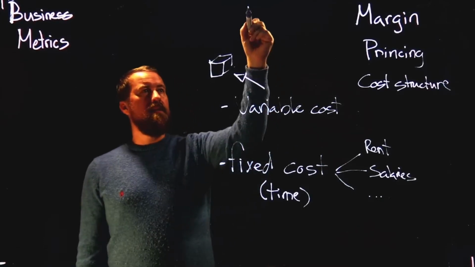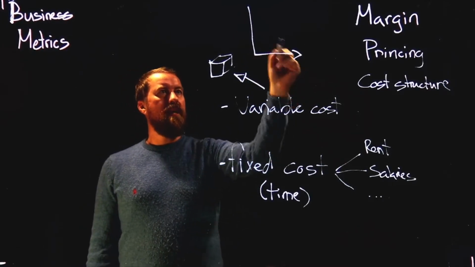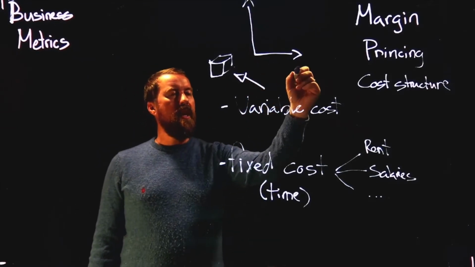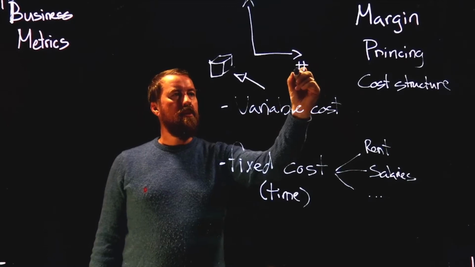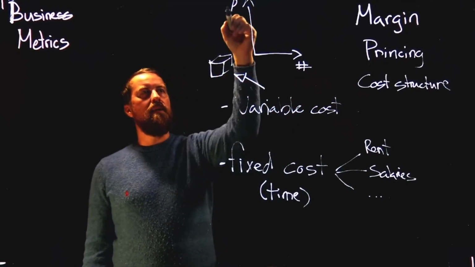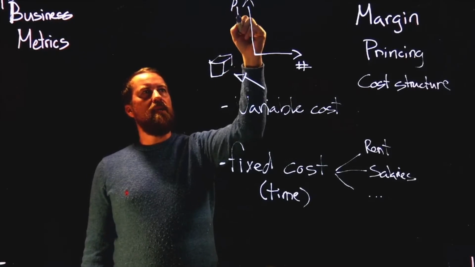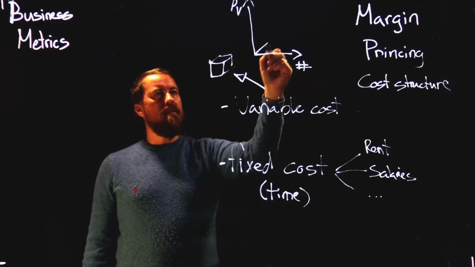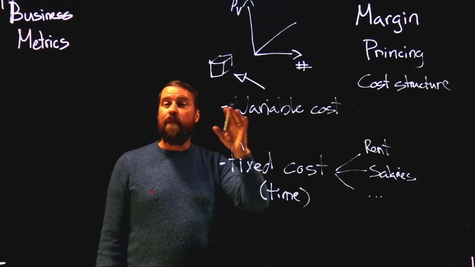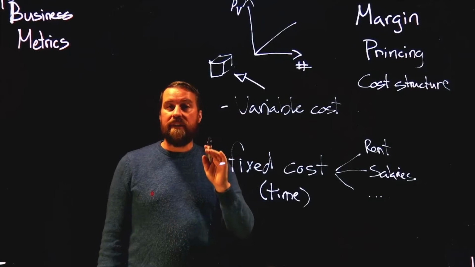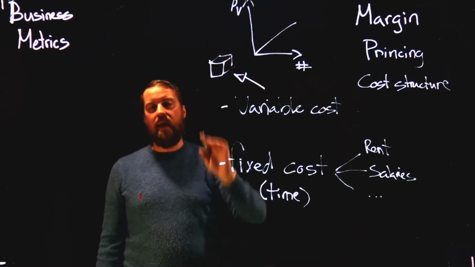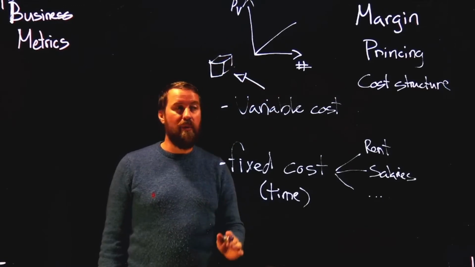If we have a small figure here, where we have our number of units sold and our variable costs, we will have a linear link between the two. So if I sell one more unit, I will have to pay X amount of dollars more.